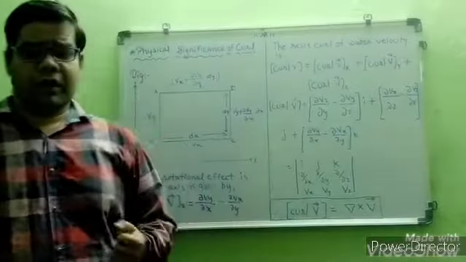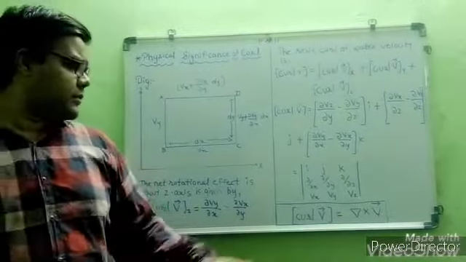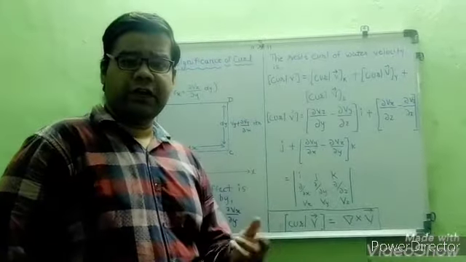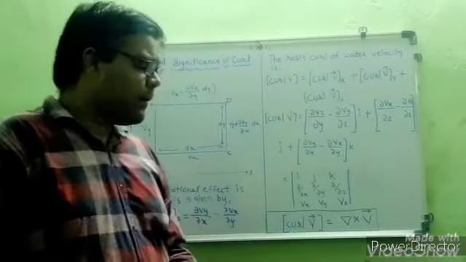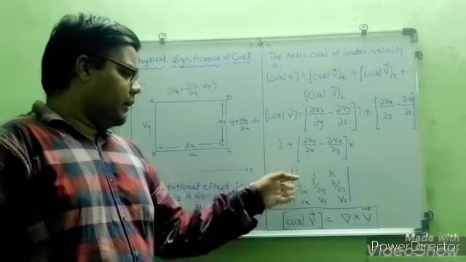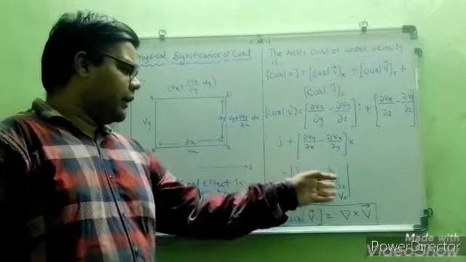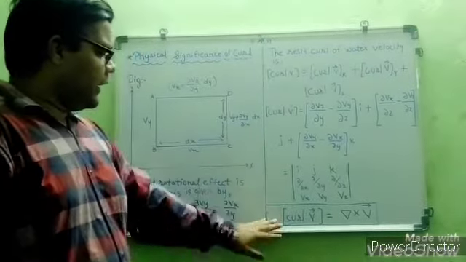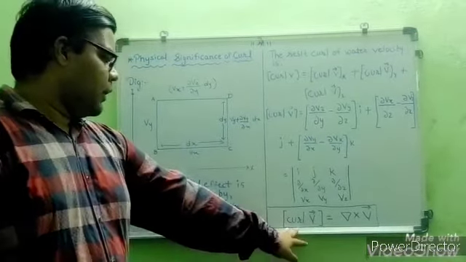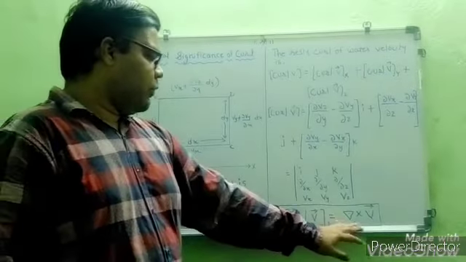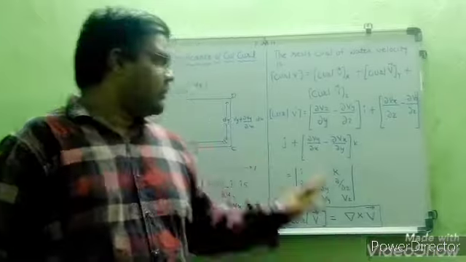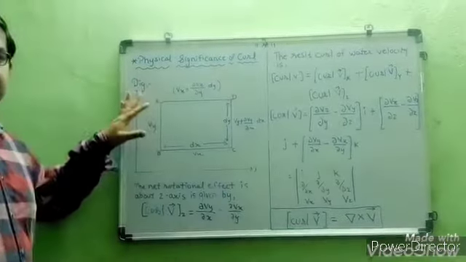So we have already seen that del by del x, del by del y, del by del z is the operator delta, and V is the vector V. So in the last step we have curl of vector V equals delta cross vector V. So this is the physical significance of curl.